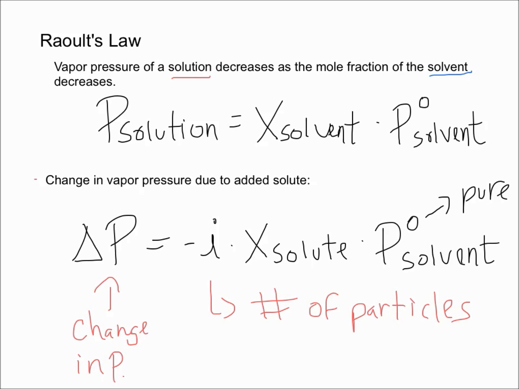Now to go into the actual problem, we have to calculate the vapor pressure lowering, so the vapor pressure change, when 12 milliliters of glycerol are added to 600 milliliters of water. So the first thing you should do is know that this is the solute, this is our solvent, and we also have that the temperature of the water is 50 degrees Celsius.